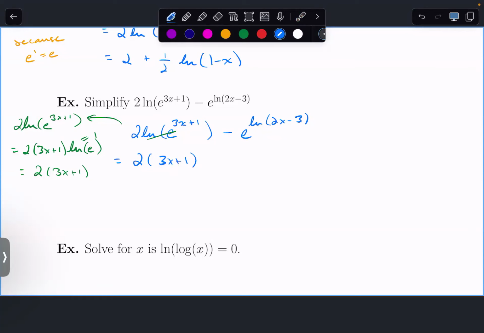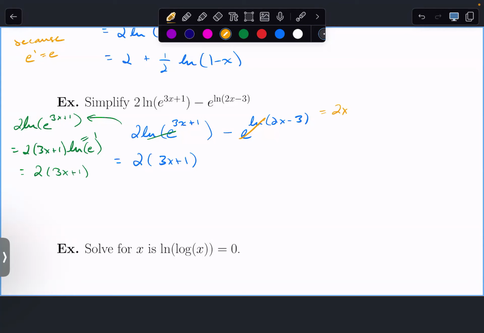And then by the same kind of idea, e to the log of 2x minus 3 is just 2x minus 3. I'm trying to remember what the log law is. Of course, I deleted them.